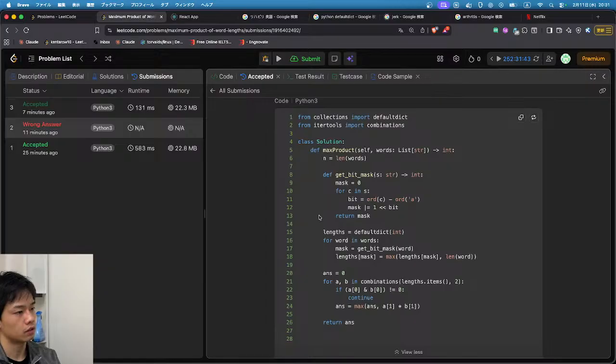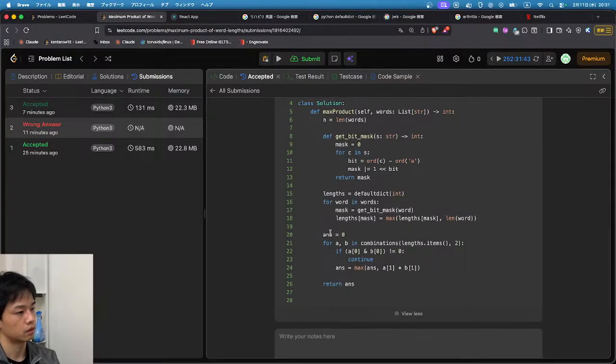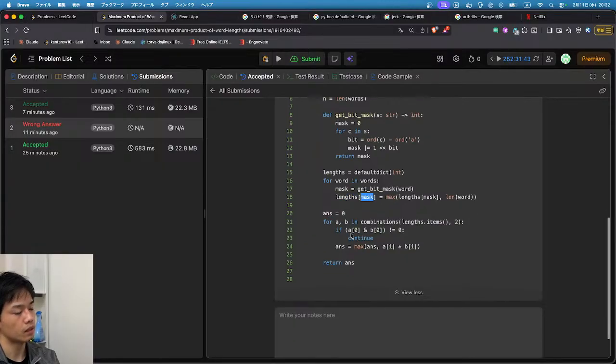So this function is just converting the string into the integer bit mask, and this part is preparation for this part. We prepared a default dict, and each word is converted into a bit mask, and we have to store the maximum length for each bit mask, right?